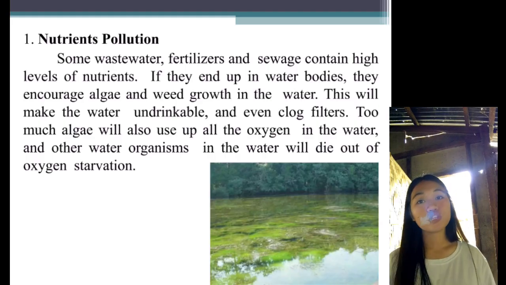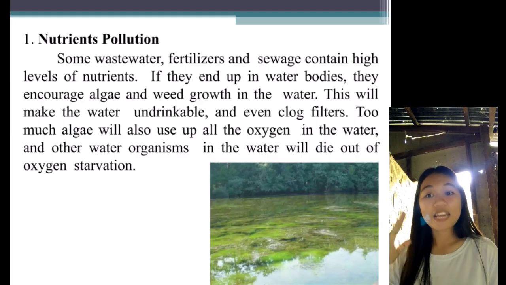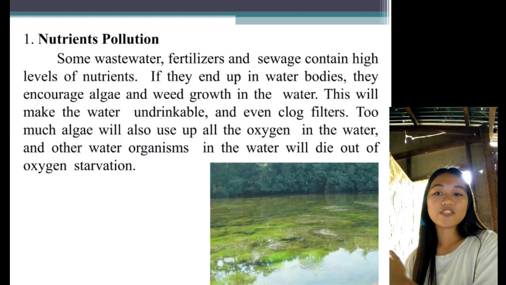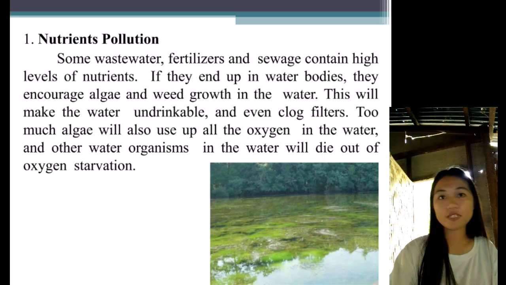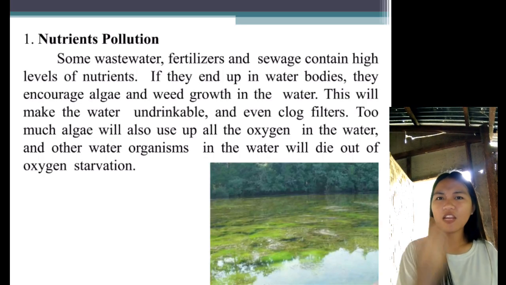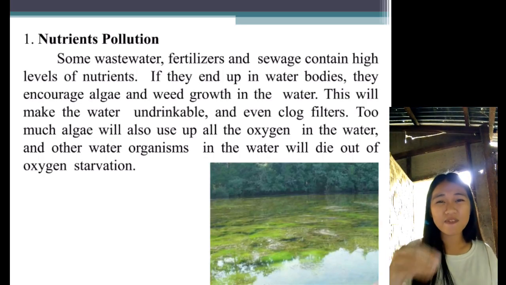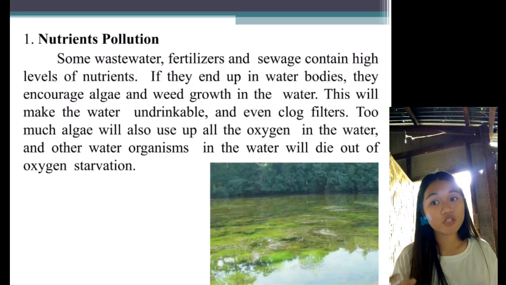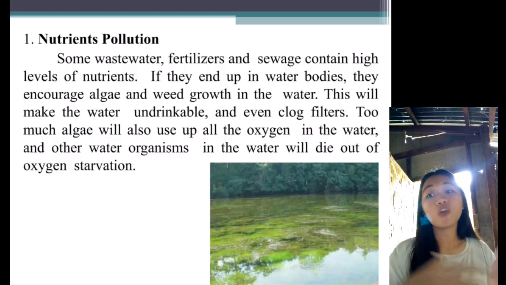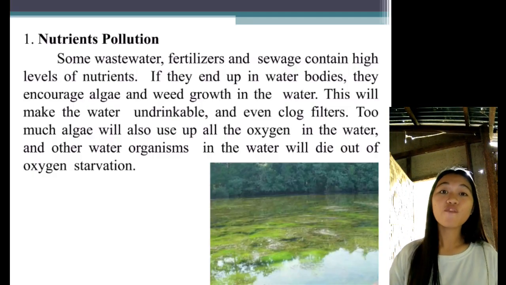So nutrients pollution, in short, is when there are just too many nutrients coming from wastewater, fertilizers and sewage that end up in our bodies of water, which will promote a really big growth of algae that can even clog filters, and which results in using up all the oxygen in that body of water, and other water organisms eventually die of oxygen starvation.